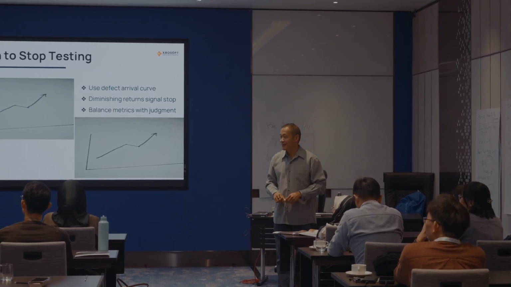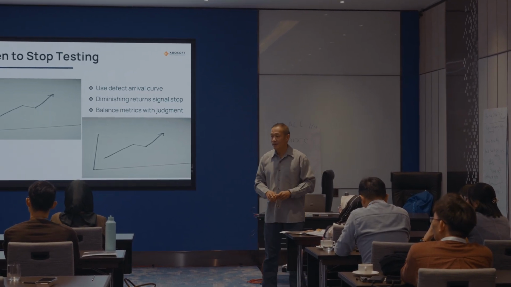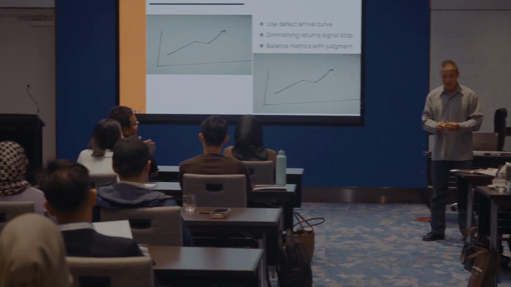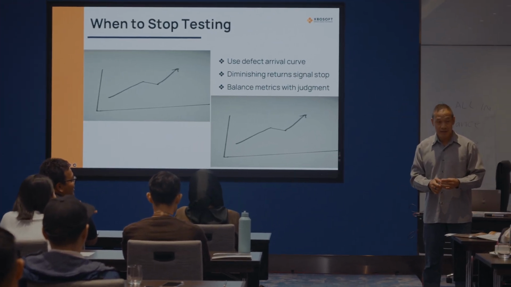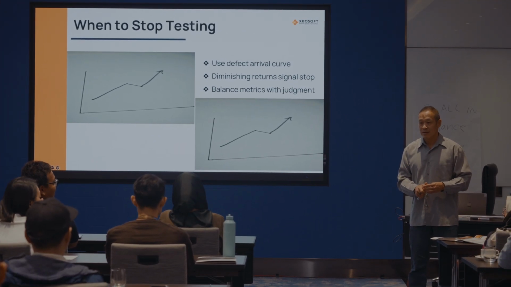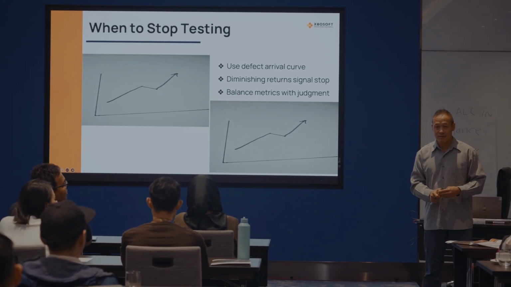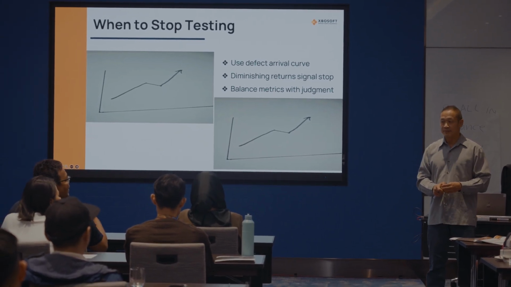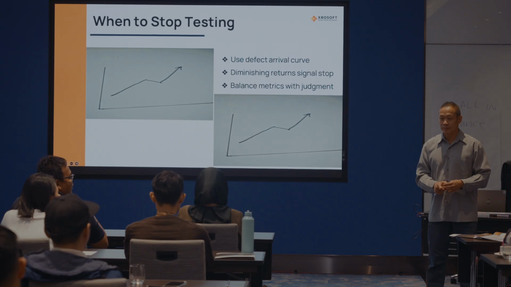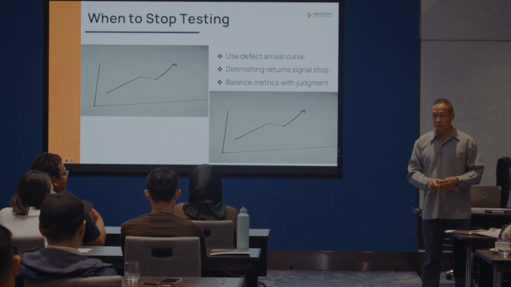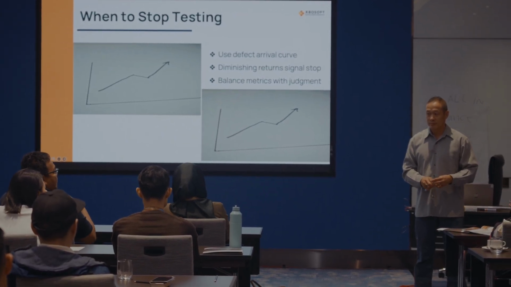Come back to the question. How much risk are you willing to take? So that's the organization's decision, whether they are willing to take the risk or not. So that's why when we are advising, I've been doing independent verification and validation for quite some time.